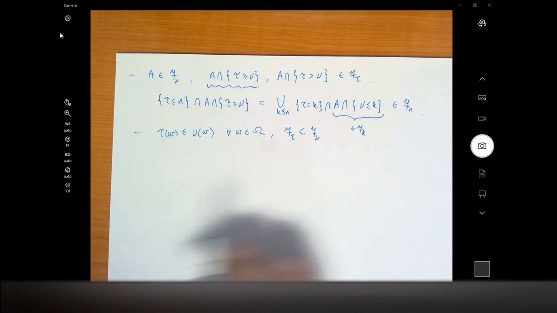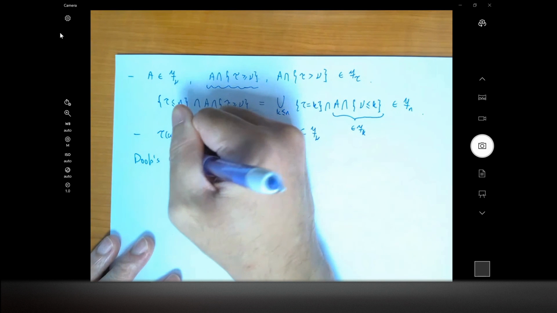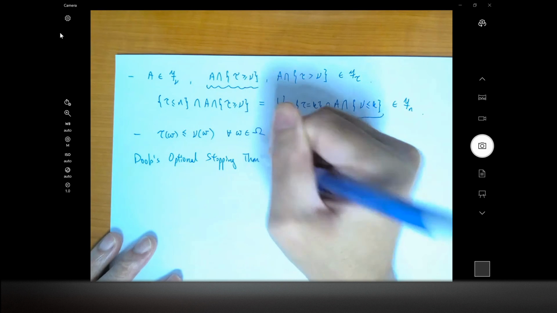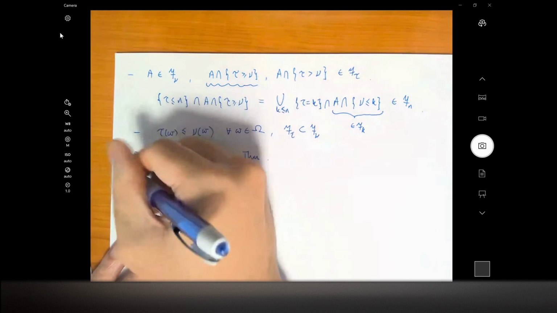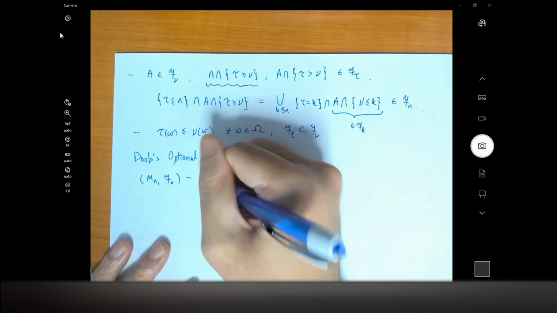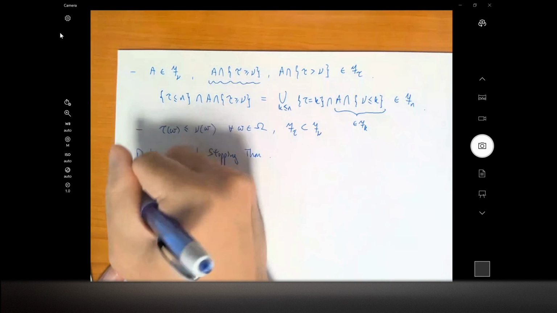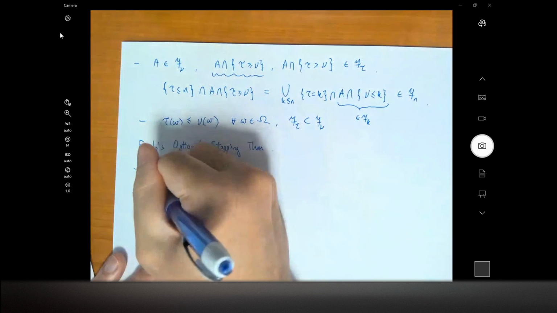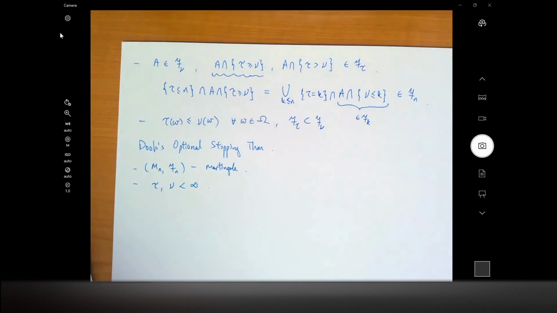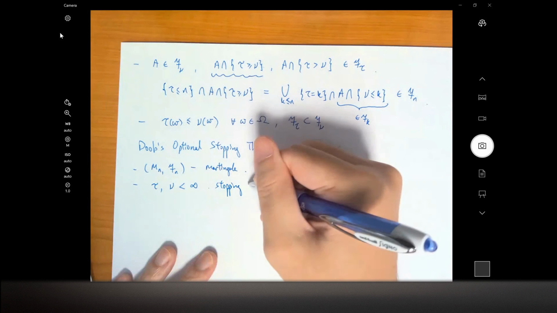Okay, so now we come to the important theorem. This is Doob's optional stopping theorem. It says that if I'm working with a martingale M, and I give you two stopping times, think of these as the two strategies that you have for selling your stock, so tau and nu are two stopping times, or two strategies.